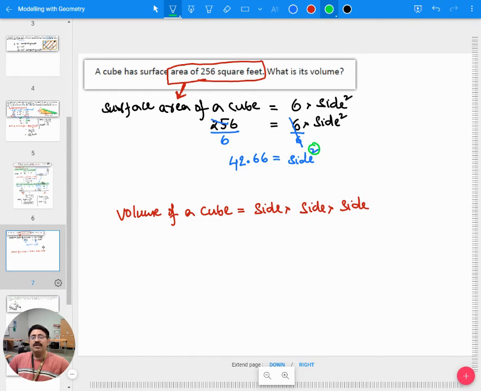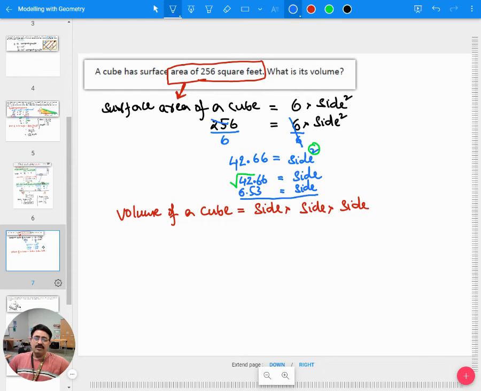If you are eliminating the square, please remember on the other side you should take a square root. So the square root of 42.66 is 6.53. That's the value of the side, 6.53.